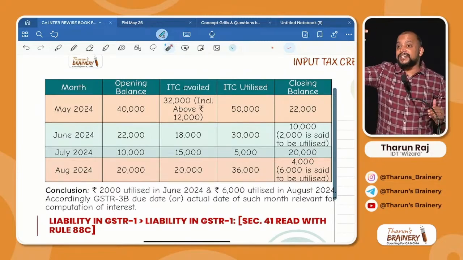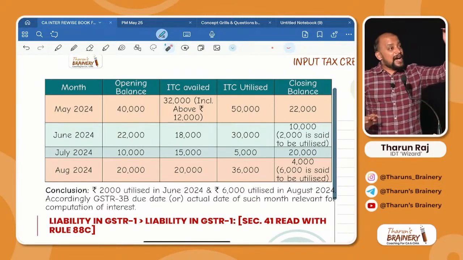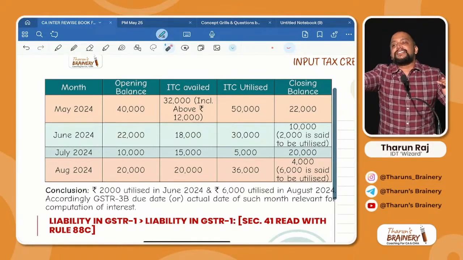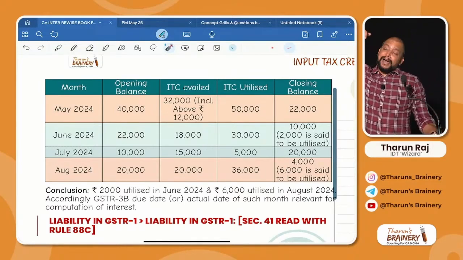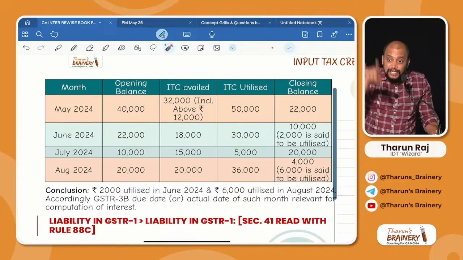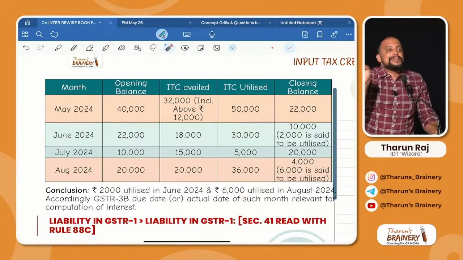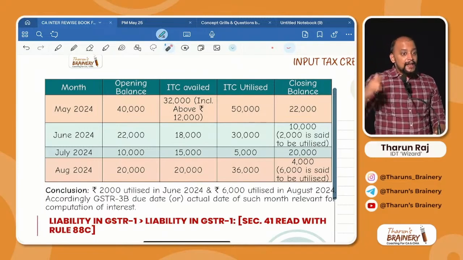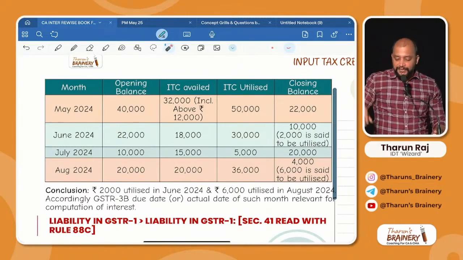Balance increased does not mean reversed. Balance decreased means utilized. Is it clear or not? The balance will increase because of many reasons, but you should only see the balance decreased. Balance increase does not mean reversed unless you are actually reversing it.